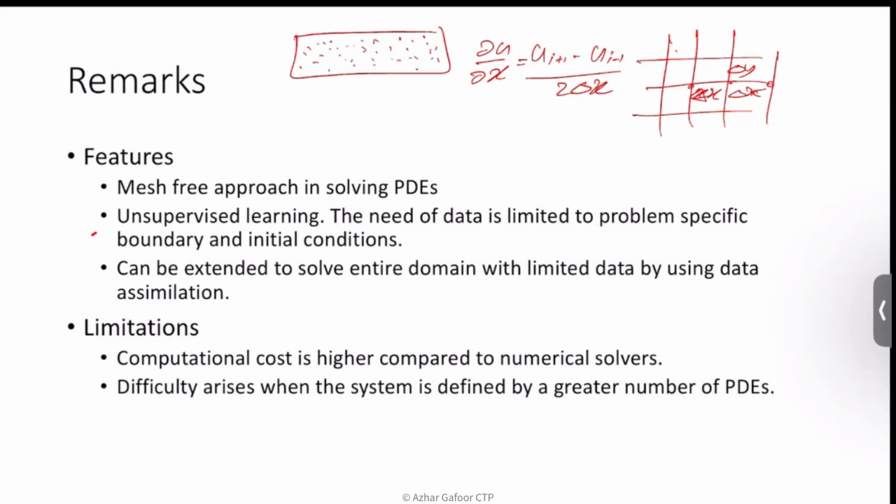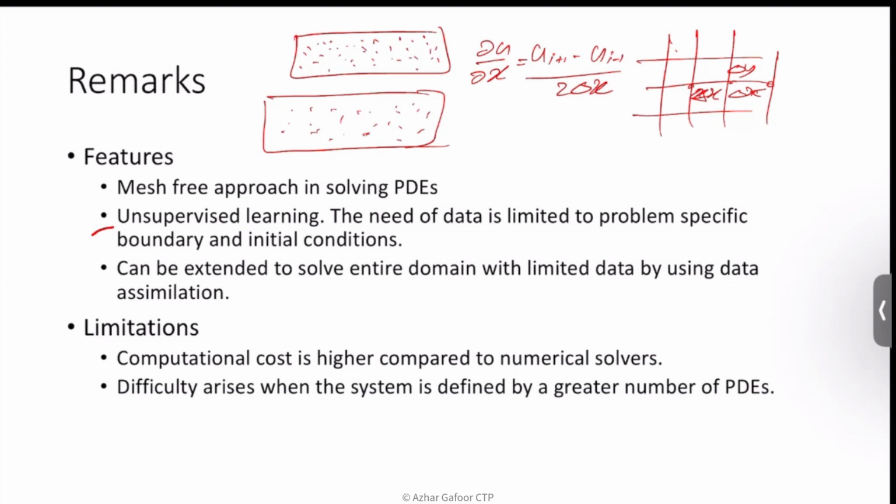The need of data is limited to problems using boundary and initial conditions. And PINNs can be extended to solve the entire domain. If we have limited data here, and we need to solve for the entire domain, we can use PINNs with data assimilation techniques to solve for the entire domain.